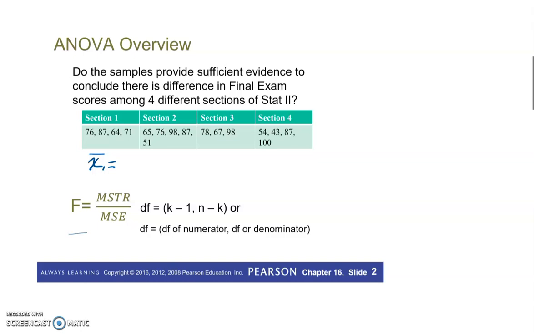If not, you'll have to just calculate the mean by hand. So I have 74.5. The mean of the second set of data is 75.4. The mean of the third set of data came out to 81. And the mean of the fourth set of data came out to 71.